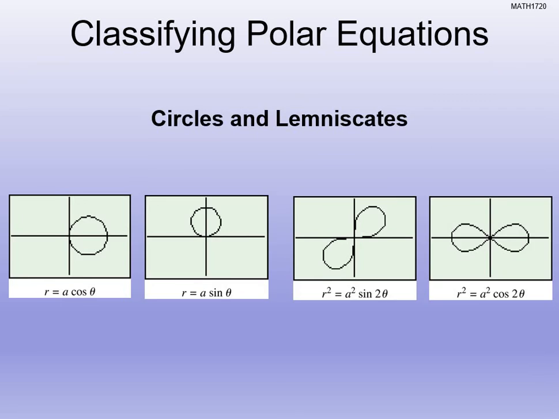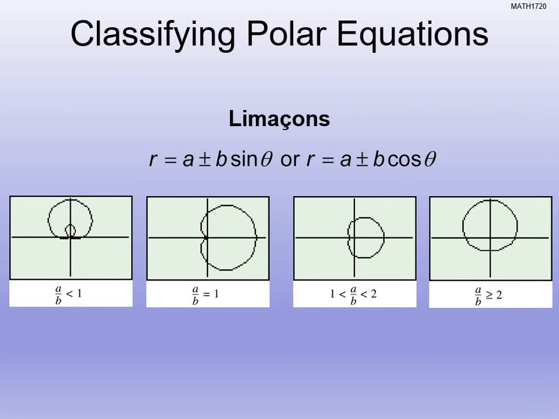All right, moving on here. If we look at this, we have limaçons, our Archimedes circle stuff. Here are the equations for those: r equals a plus or minus b sine theta, or r equals a plus or minus b cosine theta. Then we can look: if the ratio of a over b is less than 1, we get the one on the far left-hand side.